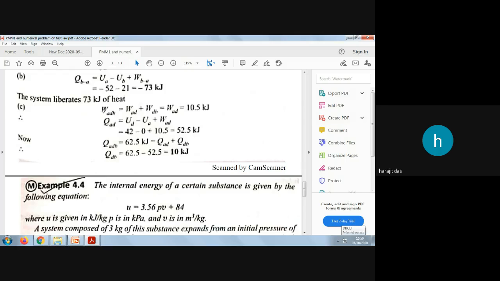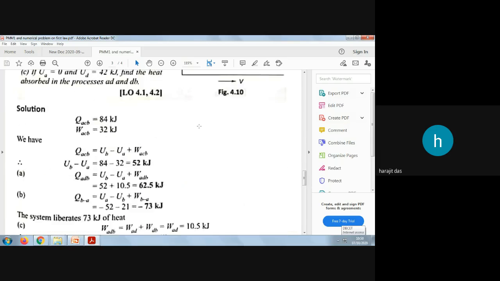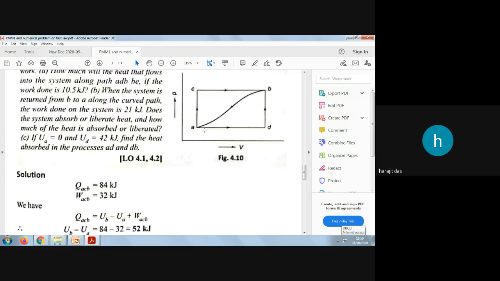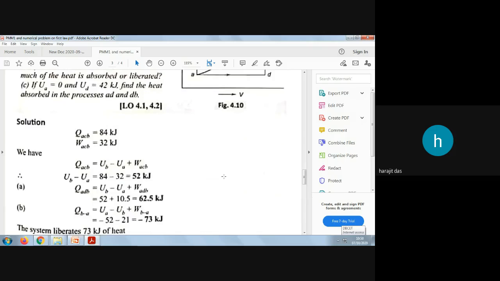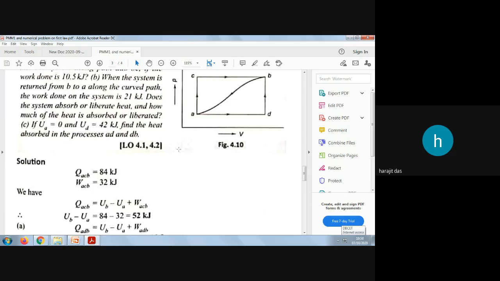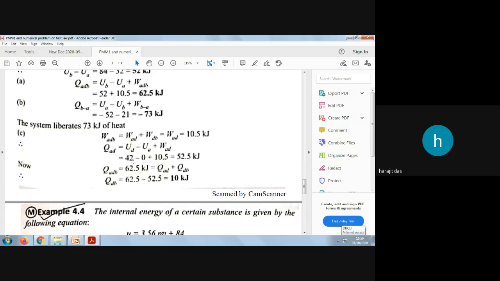Now you can find QAD. By applying the first law, QAD will be UD minus UA plus WAD. UD is 42 kilojoule, already given. So 42 minus 0, because UA is 0, plus 10.5. This much heat you need to supply to the system, or the system will absorb this much heat.